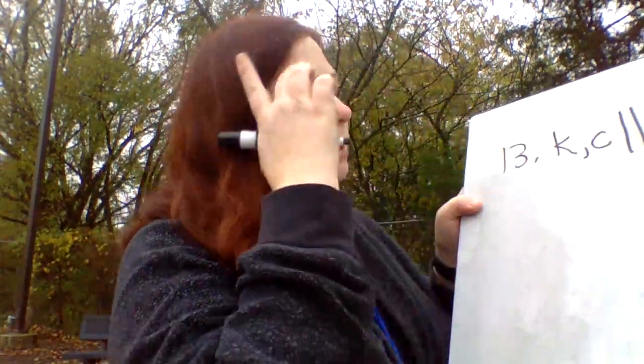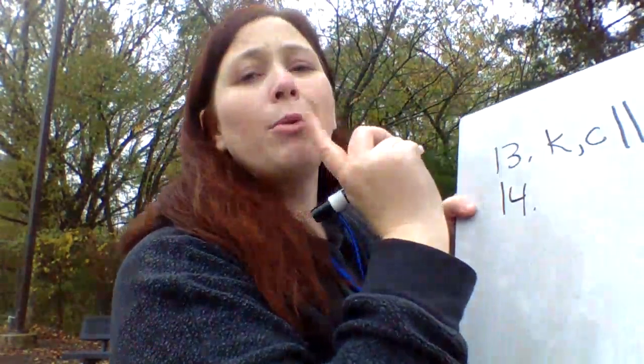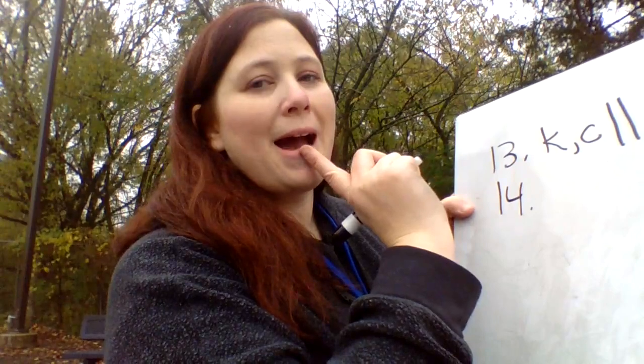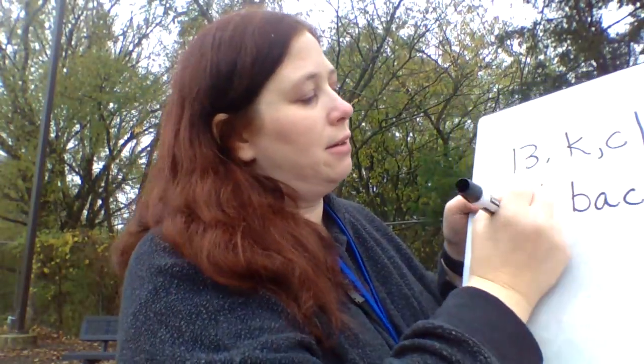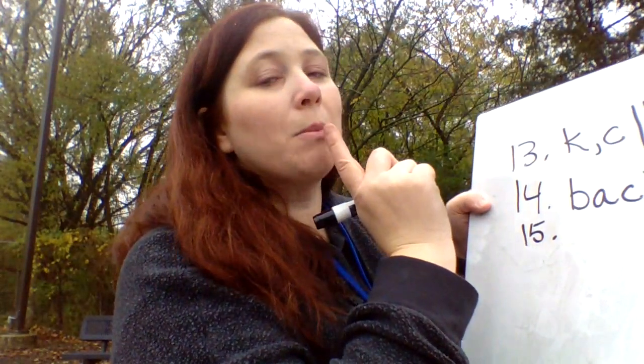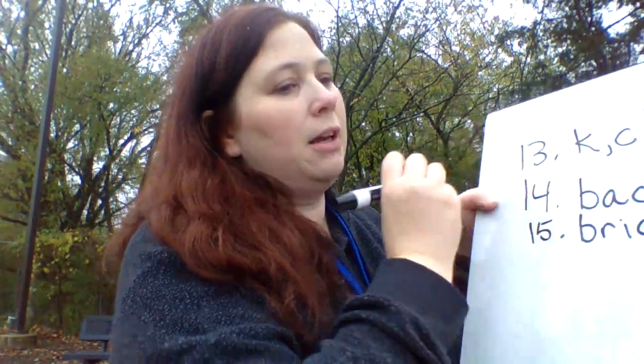Right, let's practice spelling. We're going to spell back. So remember, we're spelling with CK, back, B, A, K, CK. Number 15 is going to be brick. So that's a blend we have there. B-R, I, and then K is going to be the CK.